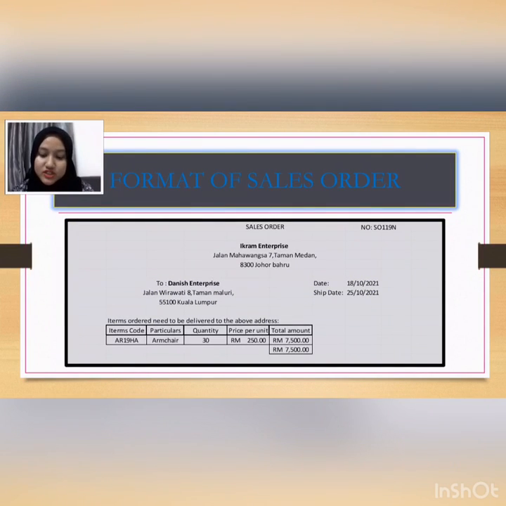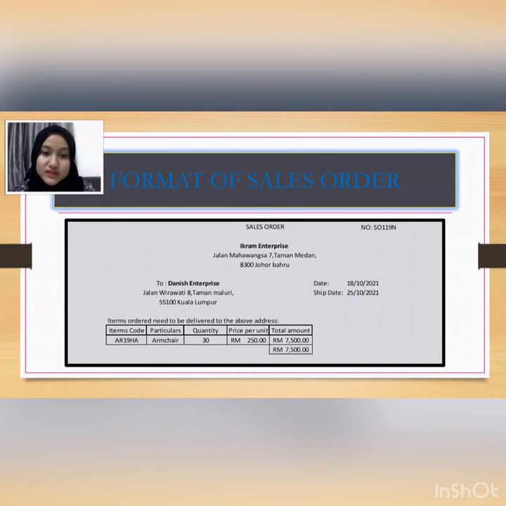The transaction is on 18 October. Danish Enterprise sells armchair of 30 quantity with price per unit of 215 ringgit to Ikram Enterprise. In here, Danish Enterprise is the supplier and Ikram Enterprise is the customer.